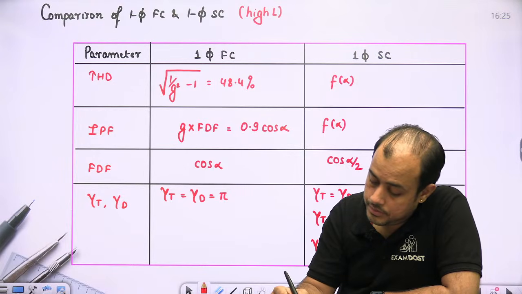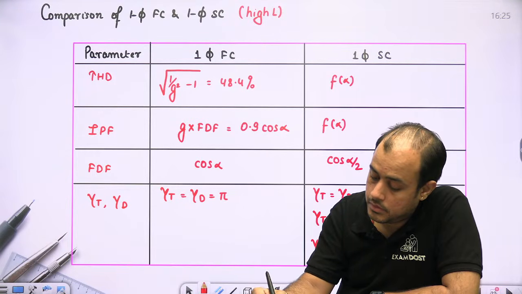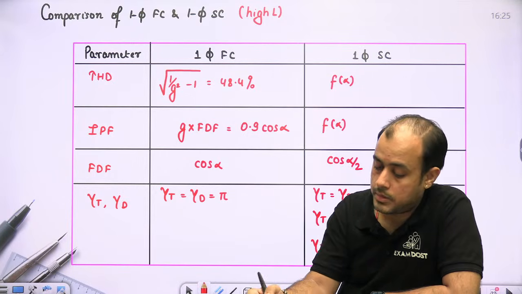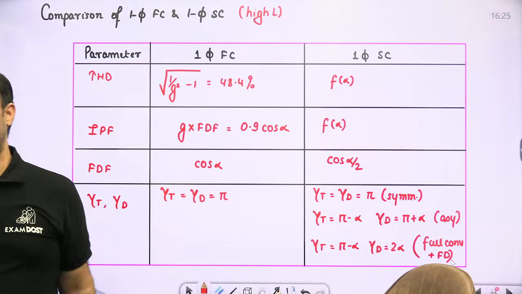Well, full converter plus freewheeling diode. Okay, that is the value.